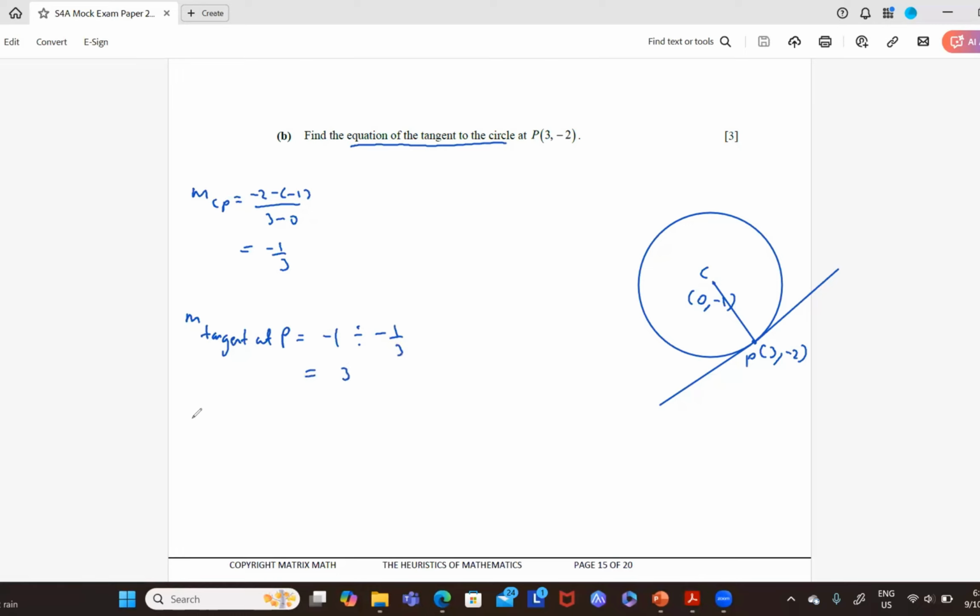So do a simple y equals to mx plus c, where y equals to 3x plus c, and throw in the coordinates inside.